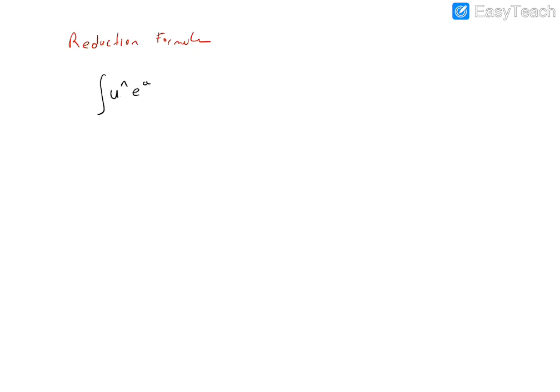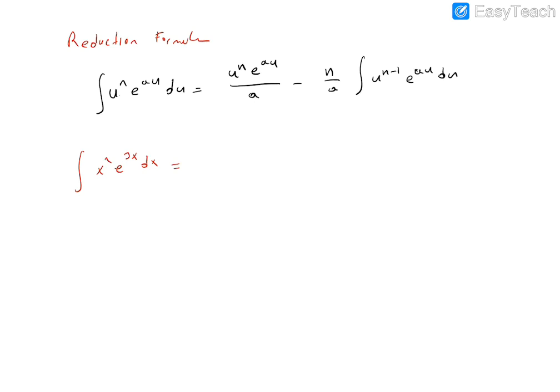Integral u to power n e to power au du equals u to power n e to power au over a minus n over a integral u to power n minus 1 e to power au du. This is a. Okay. So if you want to calculate this integral x squared e to power 3x dx, by using this reduction formula, you can calculate the right side.